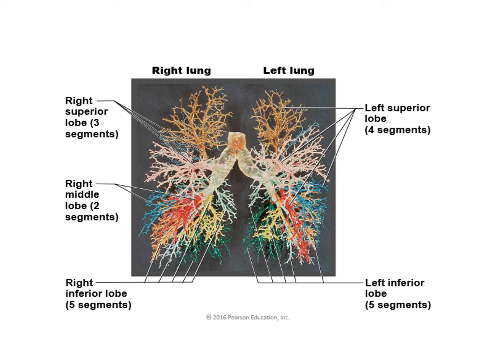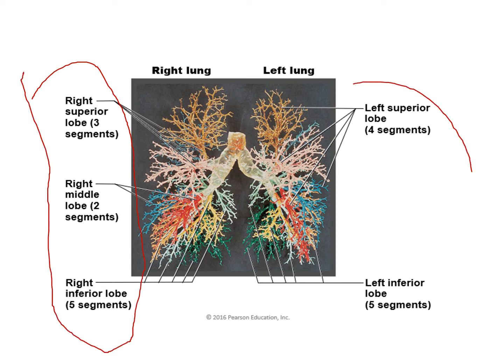So as you can see, the right side has a total of 10 segments, while the left side only has a total of 9 segments. And it's actually possible to remove one of these segments without disrupting the function of the other segments because each segment is separated by a layer of connective tissue and it actually functions as its own discrete unit.